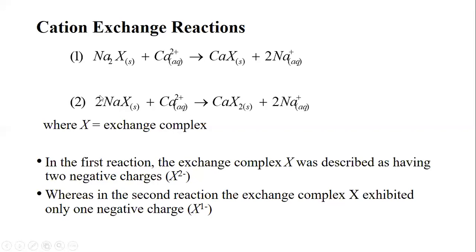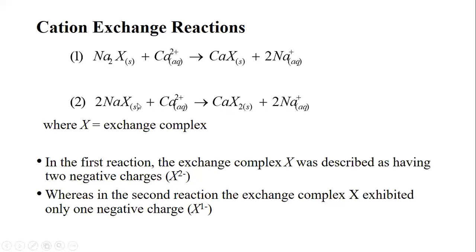Now, if you take two of those colloids, each one of them having one sodium on its surface, you need to add calcium. How is it going to replace? It has to replace two of those. So we say CaX2.